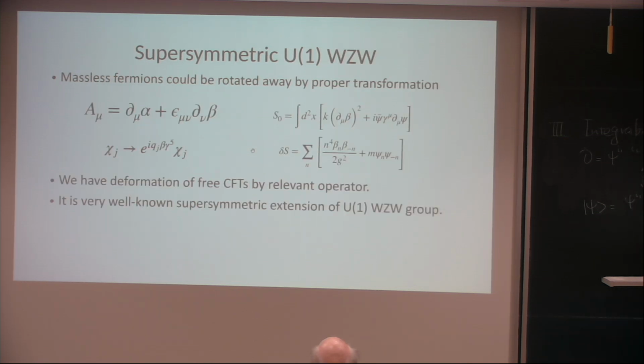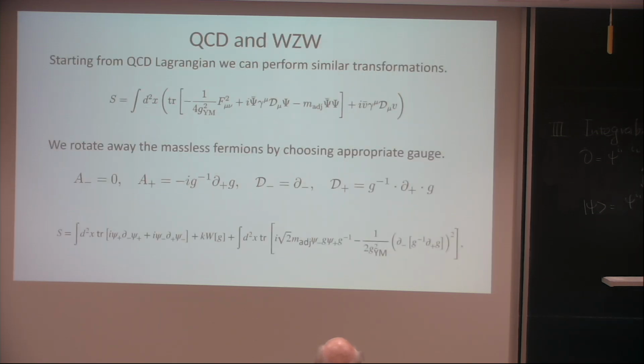So let us try to apply the same strategy for QCD here. Let me rewrite this QCD action as a perturbation of some CFT by some relevant perturbation. For that, again, I will use the light cone gauge. I will set A minus to 0, and parameterize A plus in the following way.